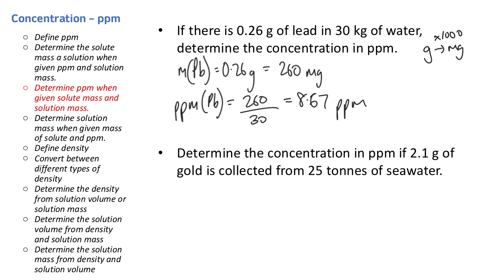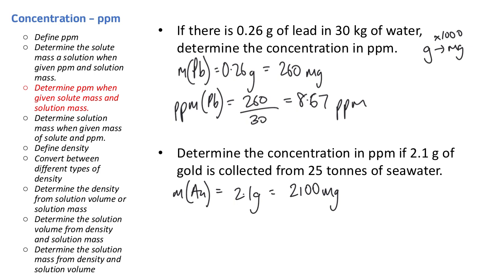Determine the concentration in parts per million if 2.1 grams of gold is collected from 25 tons of seawater. Again, we need to work out the masses in the appropriate units. The mass of gold is 2.1 grams, which we convert into milligrams: 2.1 times 1,000 is 2,100 milligrams.